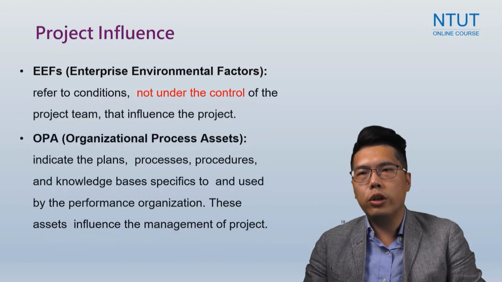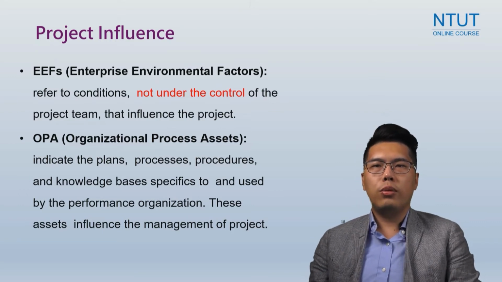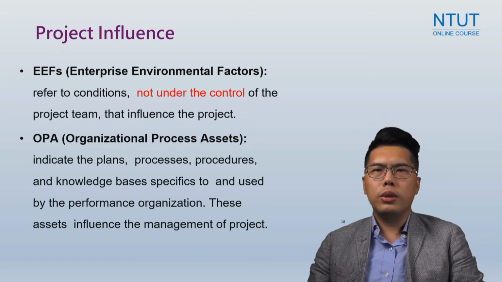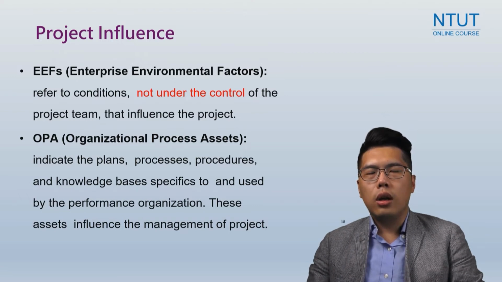In terms of the project influences, it comprises two concepts. The first one is the EEFs, which is the enterprise environmental factors. EEFs refers to the conditions not under the control of the project team that influence the project. So usually you can consider the EEF as the external factors of the company that will influence the project.